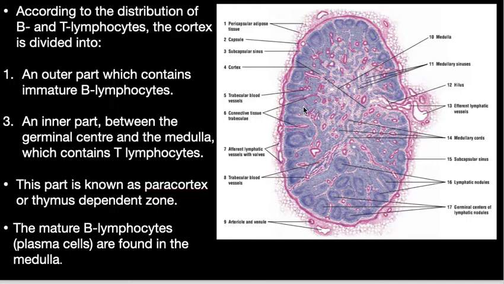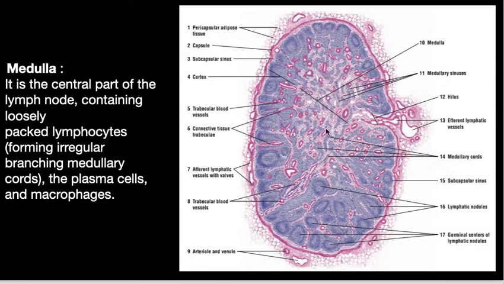The mature B lymphocytes or plasma cells are found in the medulla. The paracortex basically is a thymus dependent zone that contains your T lymphocytes. This is the medulla, central part of the lymph node containing loosely packed lymphocytes, plasma cells, and the macrophages.